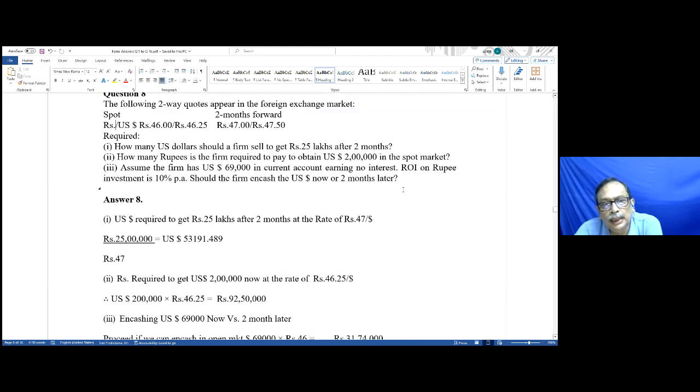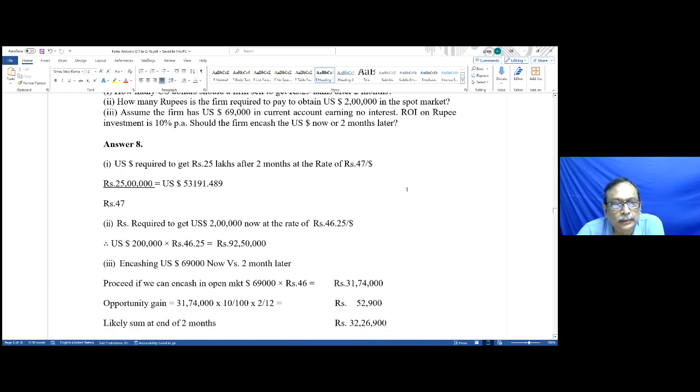Now, as the third part, it is given, assume the firm has US dollar 69,000 in current account earning no interest. The return on investment on rupee investment is 10% per annum.